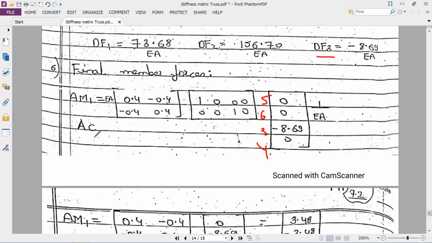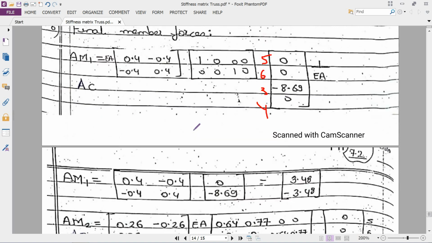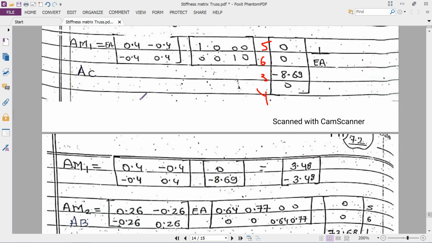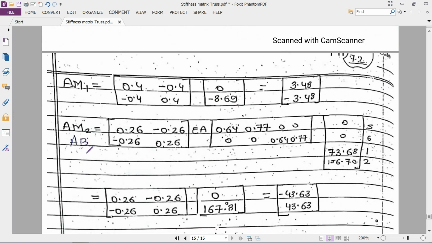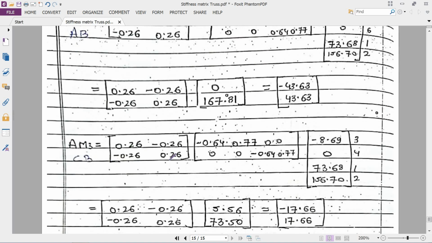Okay, so we have to calculate the final member forces for AC this way. Then we solve this matrix equation in our calculator and we will get the answer like this, 3.48 and minus 3.48. Similarly we calculate the value for member AB, then similarly for member CB.